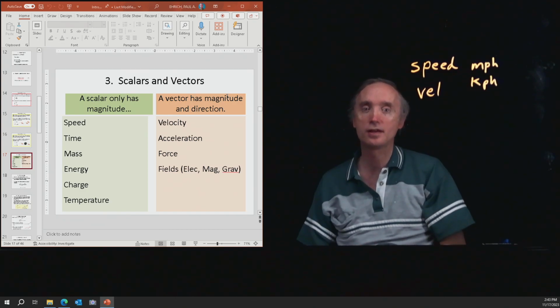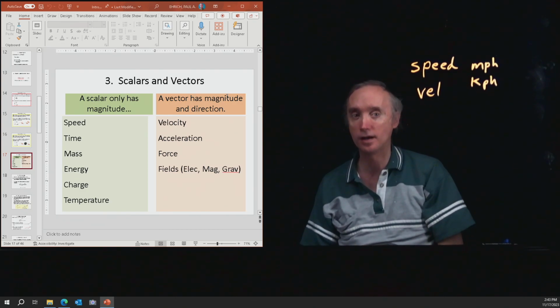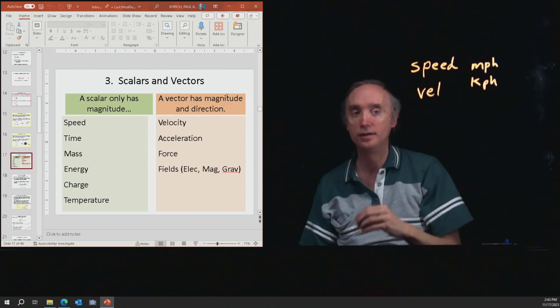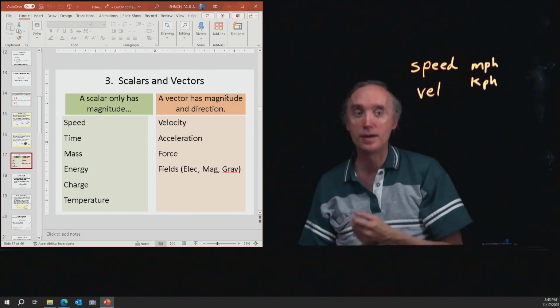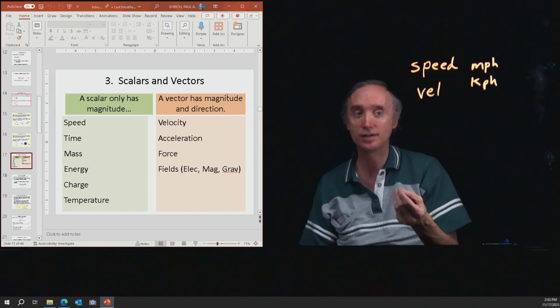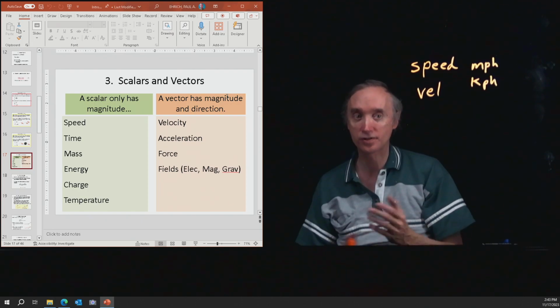Some other examples of scalars would be time. You don't say it's 3 o'clock to the west. You would just say it's 3 o'clock. Mass is in kilograms. It's just a number. It doesn't have a direction associated with it.